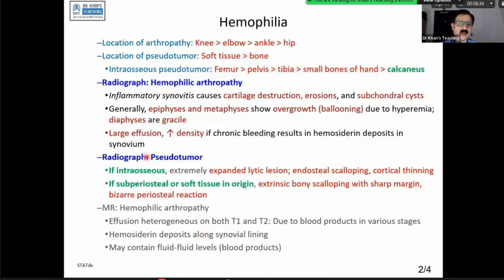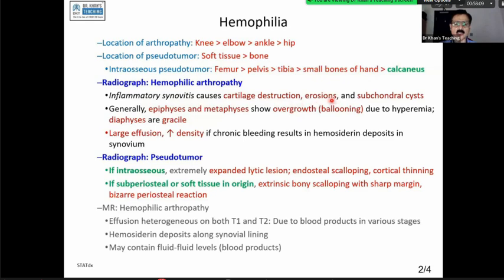Basically, if there is joint cavity bleeding, repeated bleeding, then because of hyperemia, as the candidate pointed out very well, there will be inflammatory synovitis. And then there will be cartilaginous destruction, one.